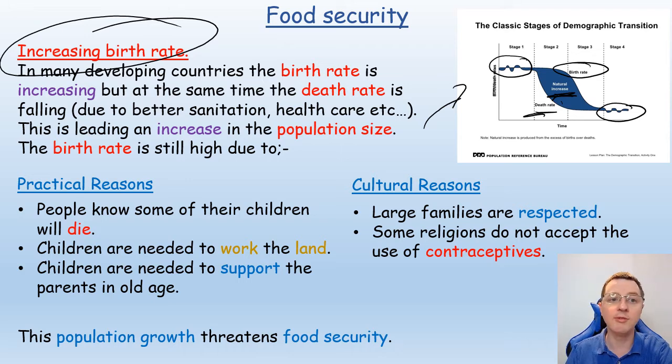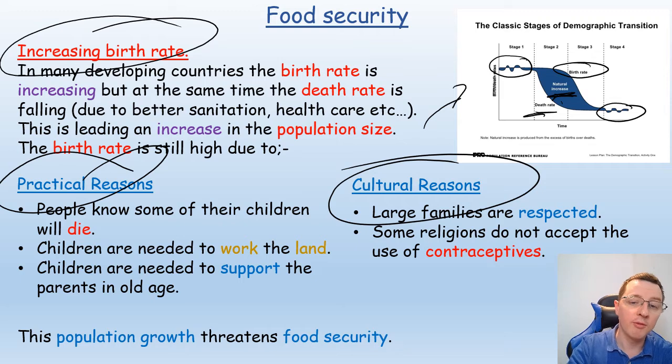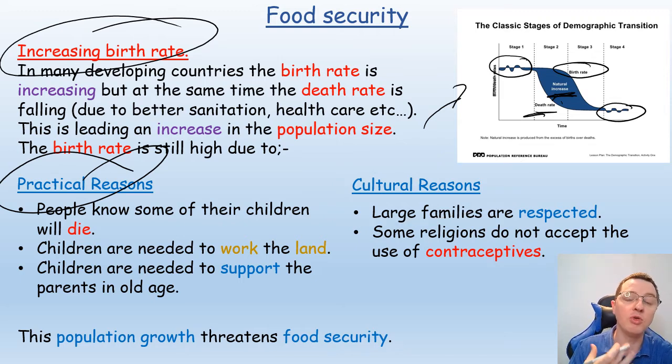So why is it in these developing countries the birth rate is still high, even though the death rate's falling? Well, there's two basic reasons for this. There are practical reasons and cultural reasons. The practical reasons are that people know some of their children will die, so they have a large number of children in order to replace those that will die before they reach the age of 5.